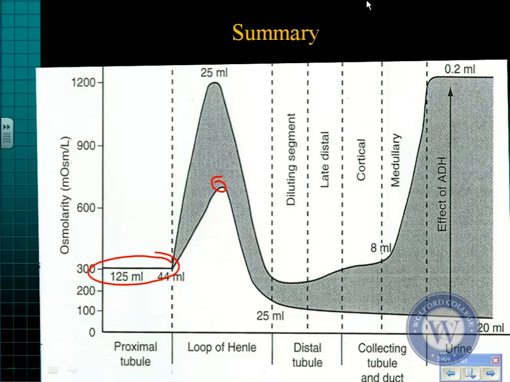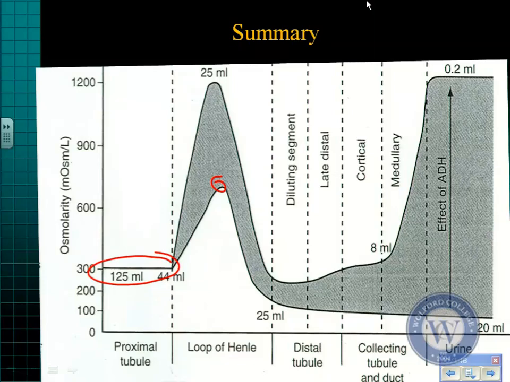If you look at the top line, this is a concentrated urine situation. This is when you're severely dehydrated. In this situation, your ADH is being secreted in very, very high amounts. As a consequence, by the time you get through the loop of Henle, you already have a pretty hyperosmotic, concentrated urine because of the excessive amounts of urea being secreted, as well as the concentrating effects inside the medulla that we talked about before.